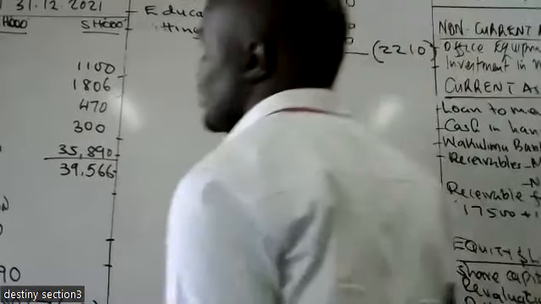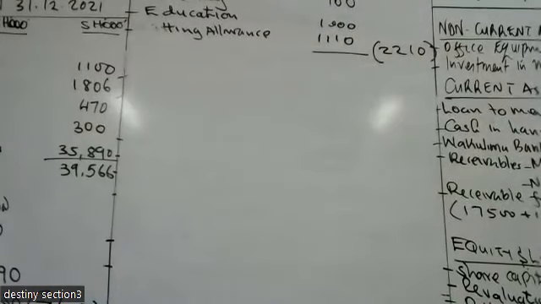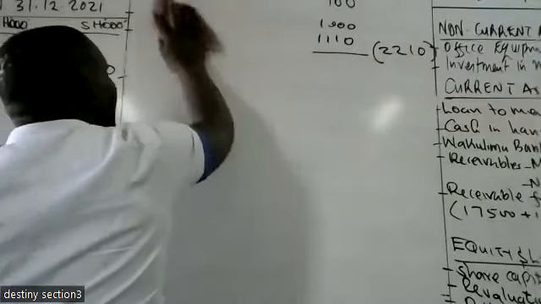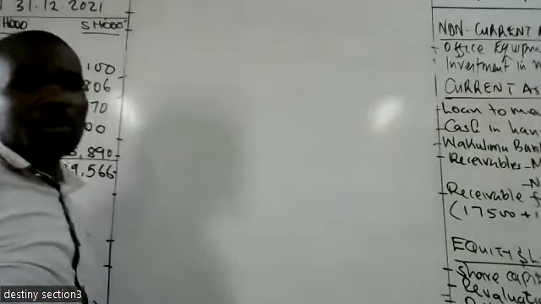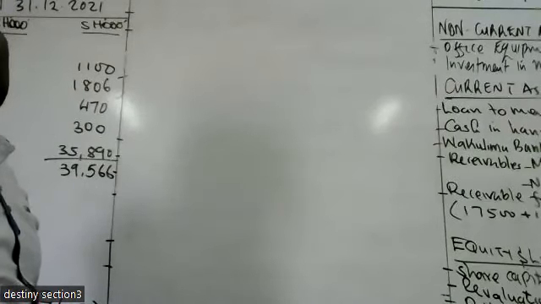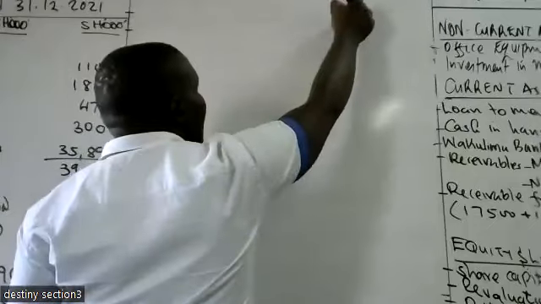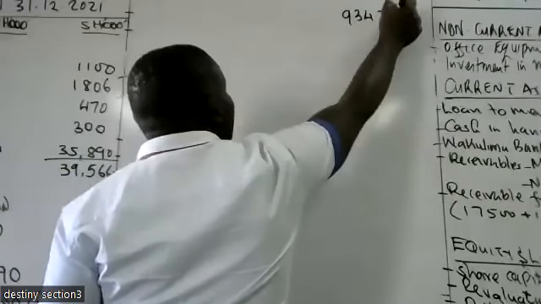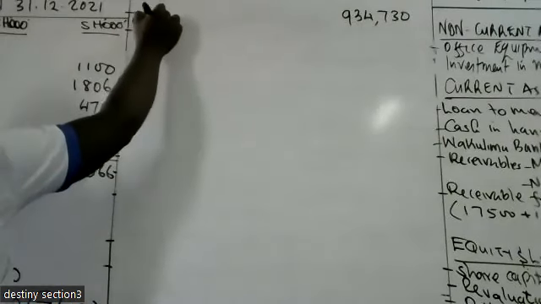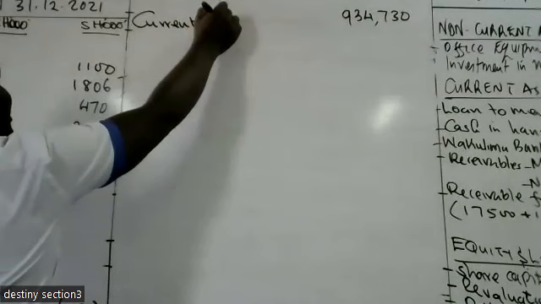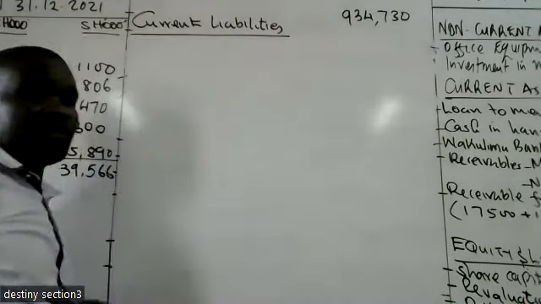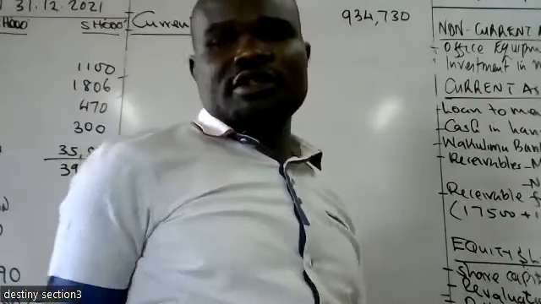Total for equity? People are getting 934,730. Then let's go to current liabilities. So let's have the current liabilities.